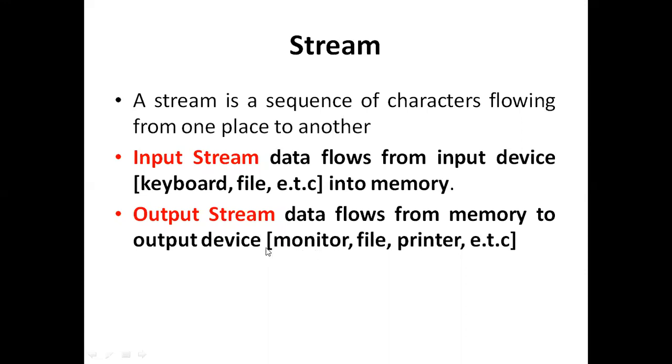Otherwise, by using the program we write some text to a file. Whatever information there is, we write from memory to the file, and we call it an output stream. Sometimes we also print from the computer system, and the print is done on a printer.